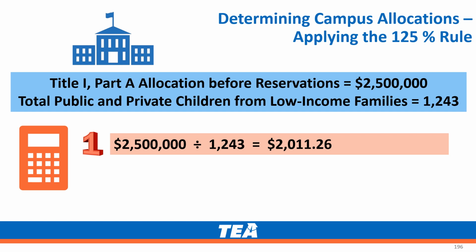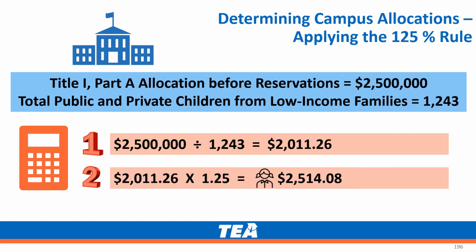That is the LEA's allocation per low-income child. However, we must now complete step 2 of the calculation to determine what is 125% of the LEA's allocation per low-income child, which would be 2,011.26 multiplied by 1.25, which equals $2,514.08.